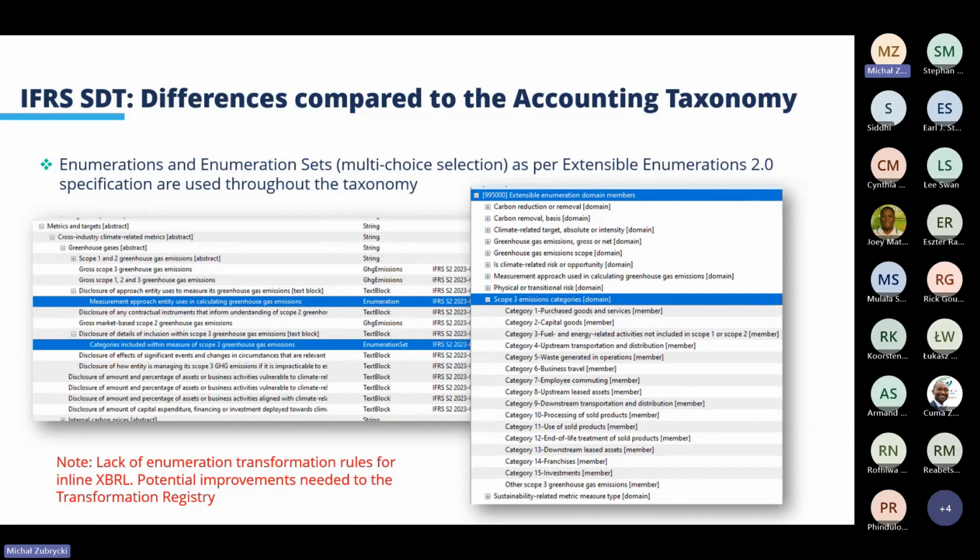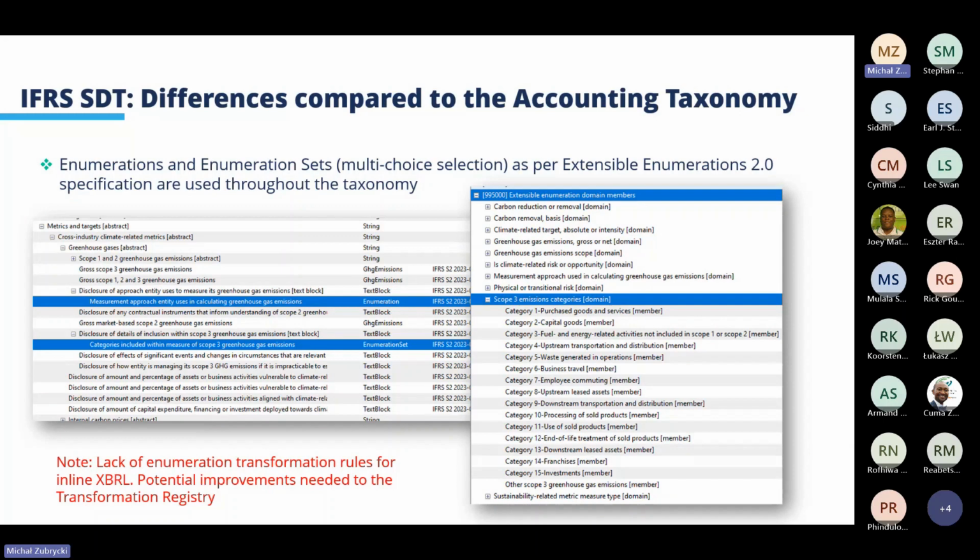The transformation rules, for those who are not aware, are functions that you can apply on a given text or number that is present or visible in your human readable report, in the XHTML layer, so the information on how you would like to disclose it. Thanks to the transformation rule, we are able to transform the format of a text, like for example a date. You can write the date using the full name of the month, September, using the word September and not marking this as 09.